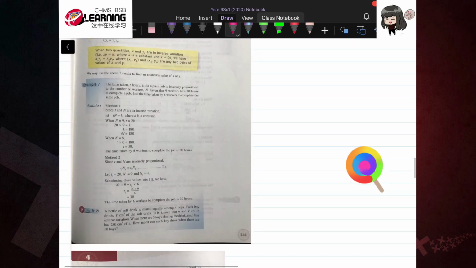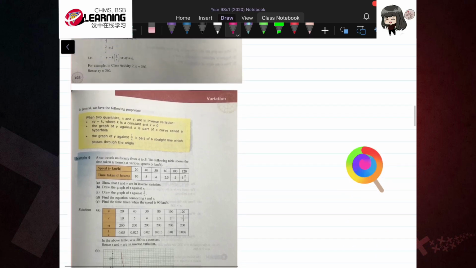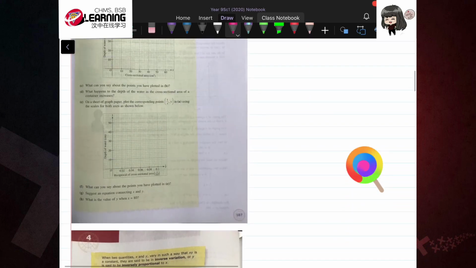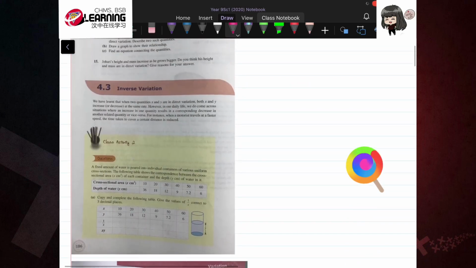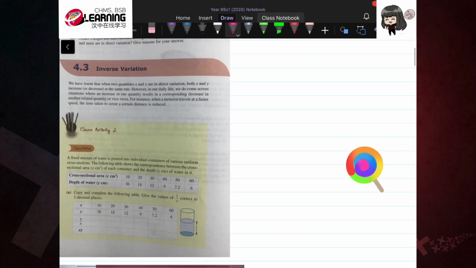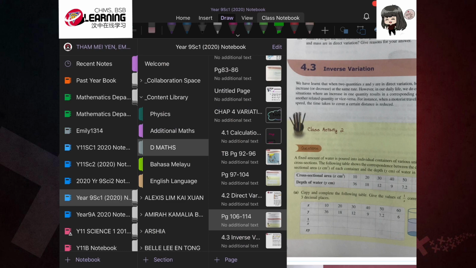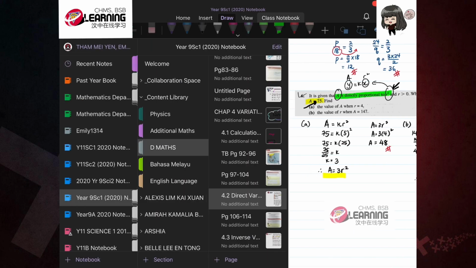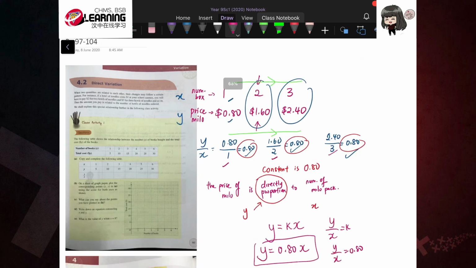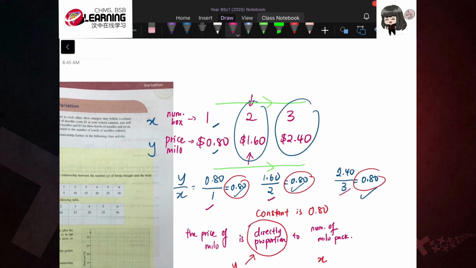Just like direct variation, we know inverse variation already. You learned this in year 8, but I'm going to elaborate a little more with an illustration from daily life on what inverse variation basically means. For direct variation, I used the example of the Milo, the number of Milo packs and the price of the Milo.